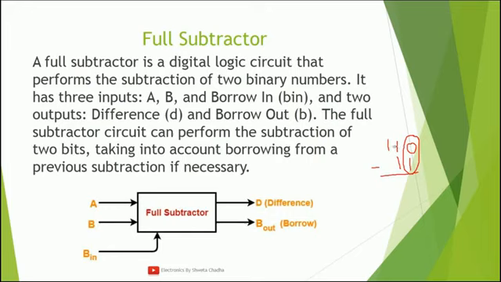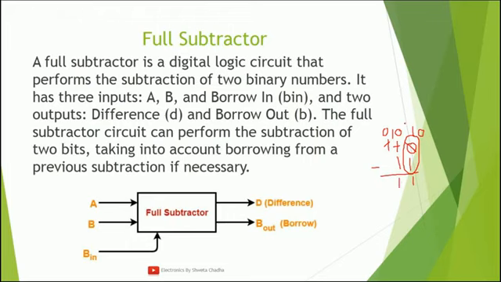So that means this activity can be performed by using a half subtractor. Let us see how. Let us take a borrow. This 0 will become 10. So 10 minus 1 is 1. But now here we have got 0, so once again let us take a borrow. This 0 will become 10 and 10 minus 1 is 1.